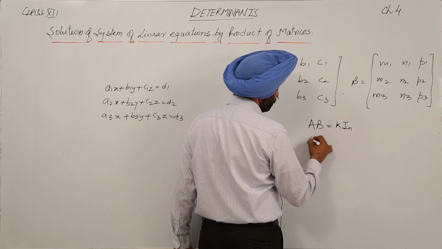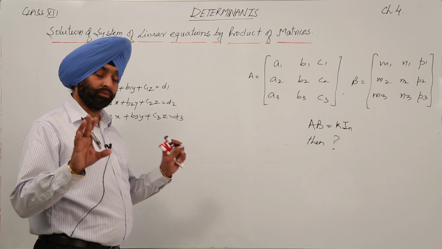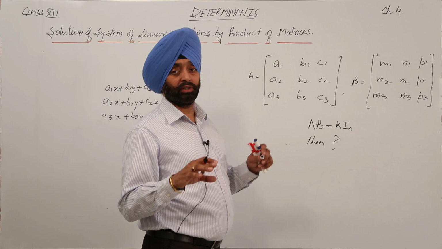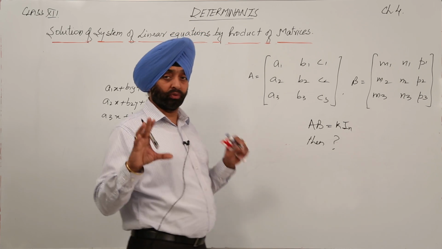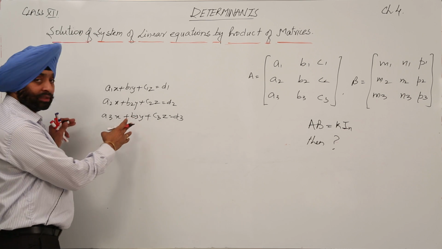then what are we going to do? We know only this thing, that when AB is equal to BA is equal to the identity matrix, then we can find the inverse. That we have already done. Now how to write this in matrix form?